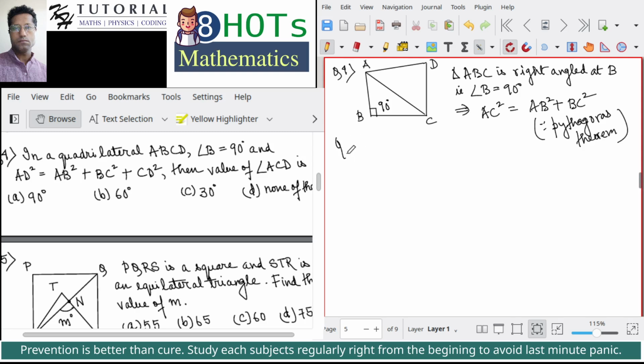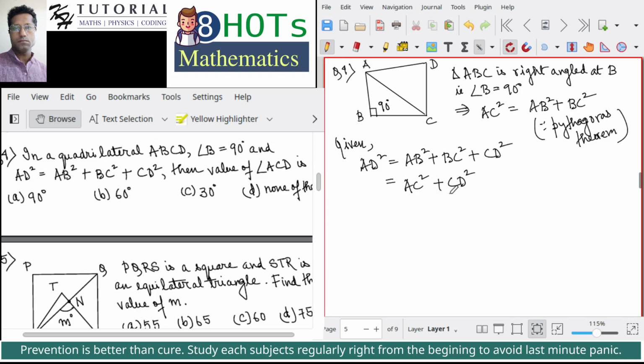Now it is given that AD square is equal to AB square plus BC square plus CD square. Now AB square plus BC square we know is equal to AC square. So we have AD square is equal to AC square plus CD square.